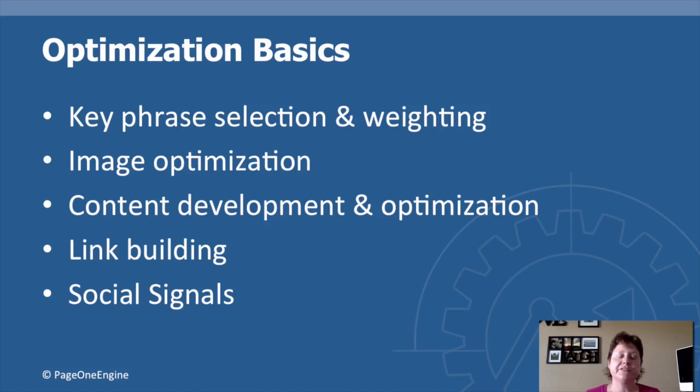They're going to count for many things, whether it be ranking a page, ranking a profile, a social media site, an image, whatever it might be. These are the basics you want to learn. So we're going to talk about key phrase selection and weighting, what we want to look for, image optimization, how to optimize images, content development and optimizing that content, link building, and social signals.